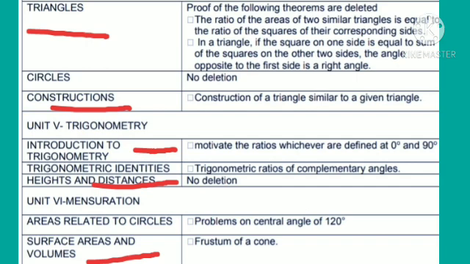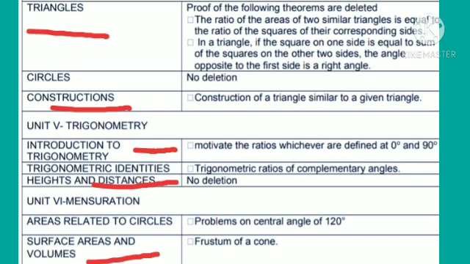And also you can see in the constructions chapter, construction of triangles is a deleted portion. In Introduction to Trigonometry, we are not doing the derivation of the 0 degree and 90 degree ratios and trigonometric ratios of complementary angles.